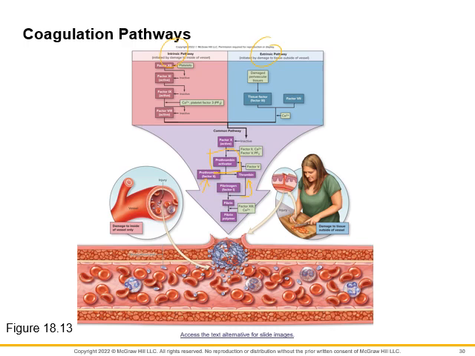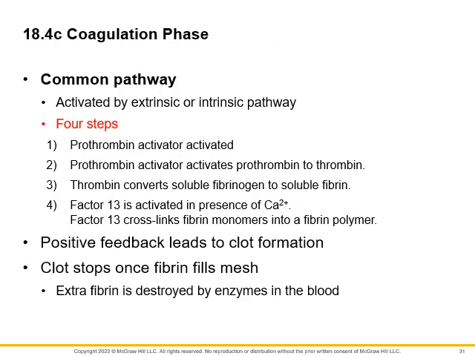And then thrombin is the activator to turn fibrinogen into fibrin. And fibrin is what actually makes the mesh. All of these fibers that are coming together to form this clot. So here are the 4 steps again. Prothrombin activator turns prothrombin into thrombin.